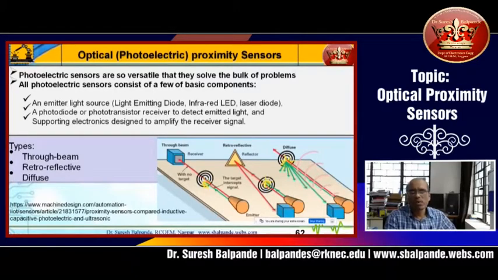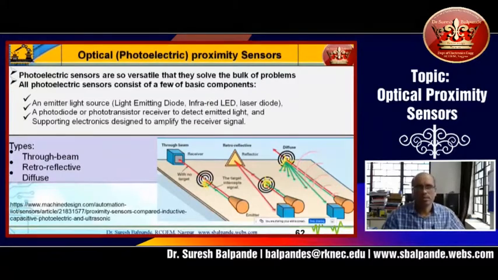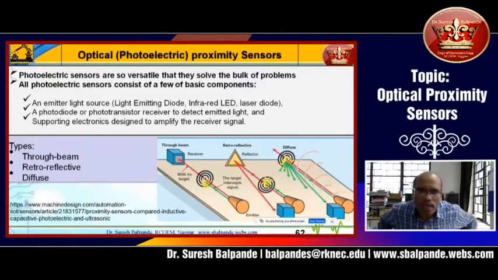So we will discuss first of all the need for such proximity sensors. We have seen that in the case of the inductive proximity sensor, the object or the target must be metallic, and in the case of the capacitive sensor it should be conducting, or weakly conducting, like liquid, that is water and so on. But this doesn't cover the complete category of materials.